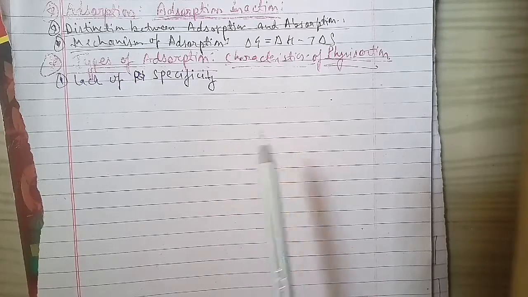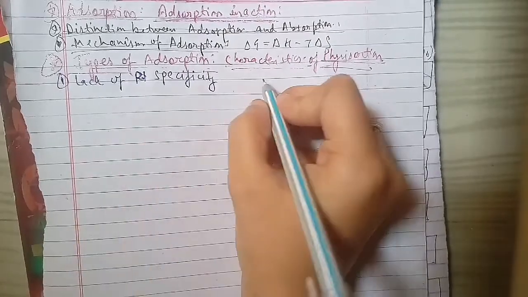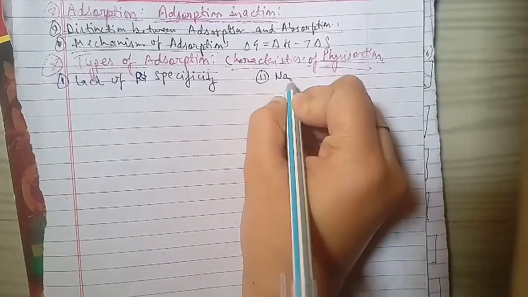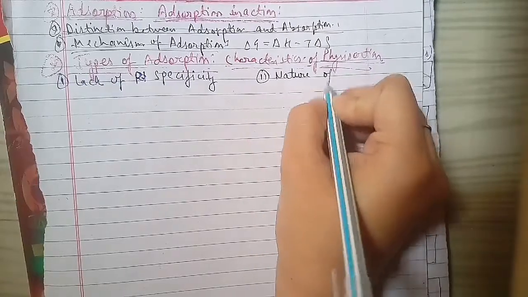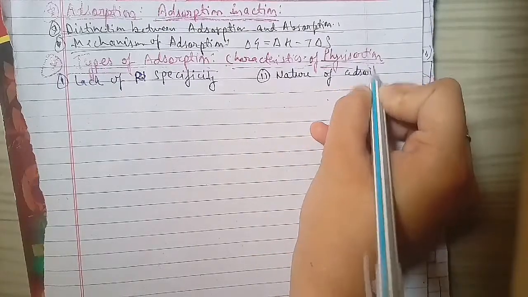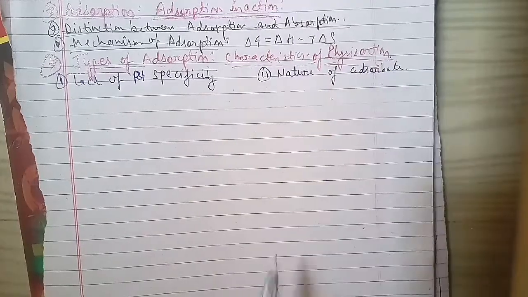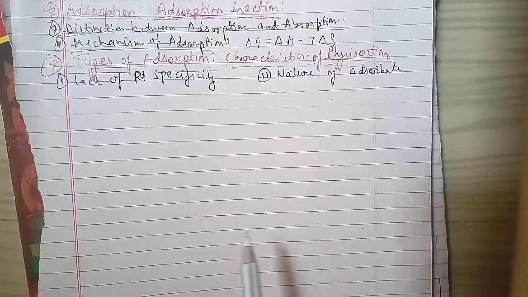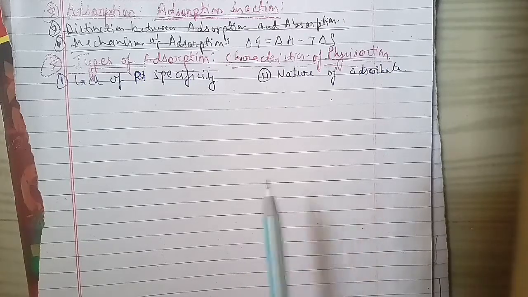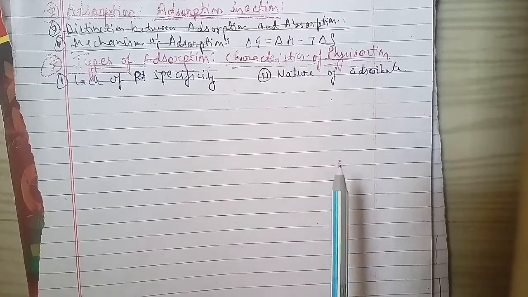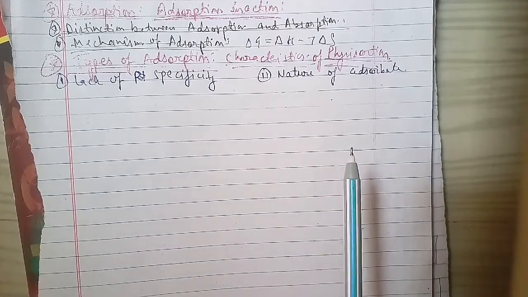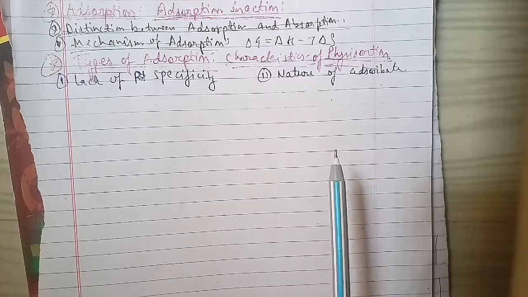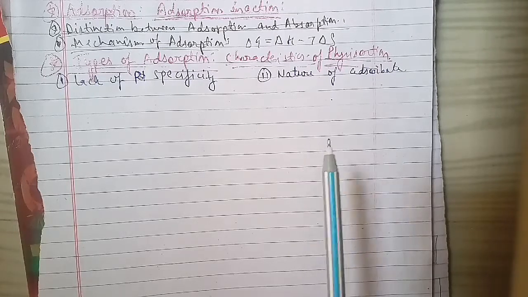The second is the nature of adsorbate. The amount of gas adsorbed by a solid depends on the nature of the gas. In general, easily liquefiable gases, for example those with higher critical temperatures, are readily adsorbed, as van der Waals forces are stronger near the critical temperatures.